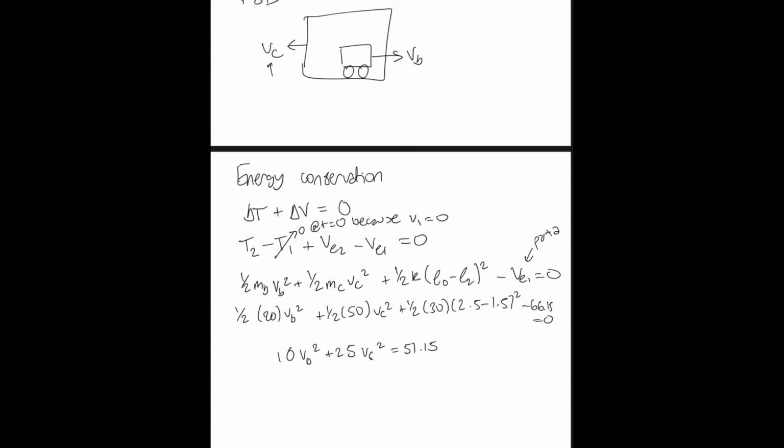Now, because we have one equation and two unknowns, we need to come up with another equation.